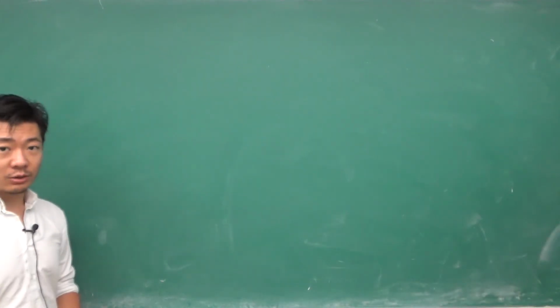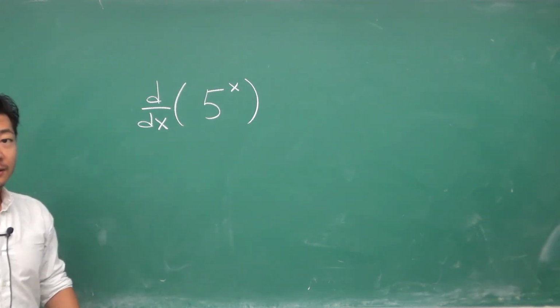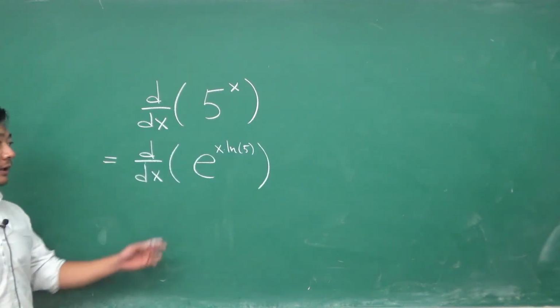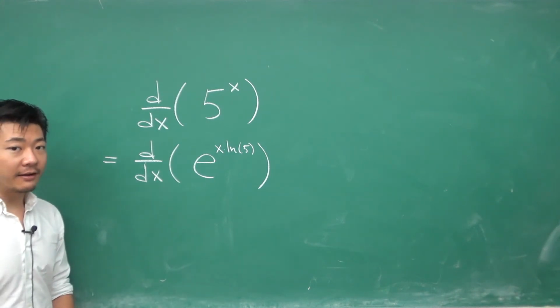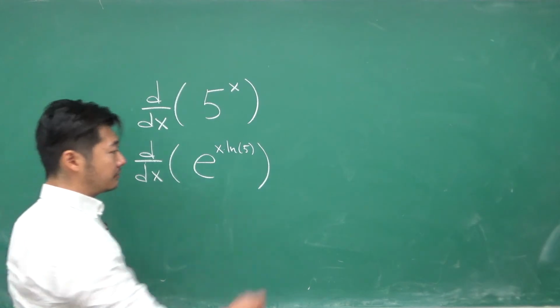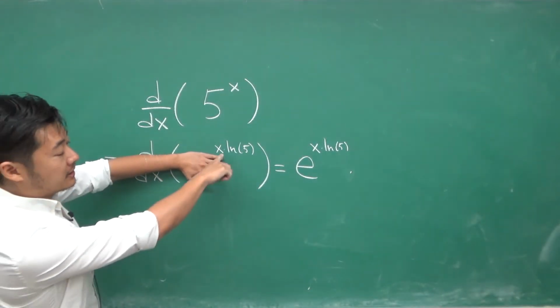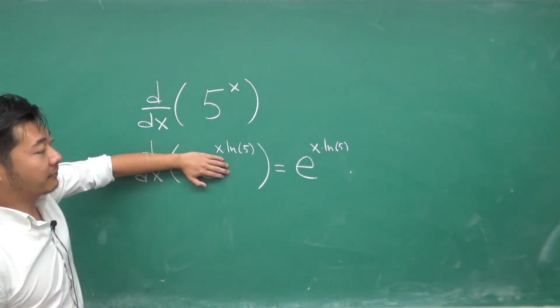If we want to take the derivative of a different base, for instance, the derivative of 5 to the x, then we rewrite this as e to the x times natural log of 5. The derivative of the exponential function is itself multiplied by the derivative of the inside function, which in this case is x times natural log of 5.